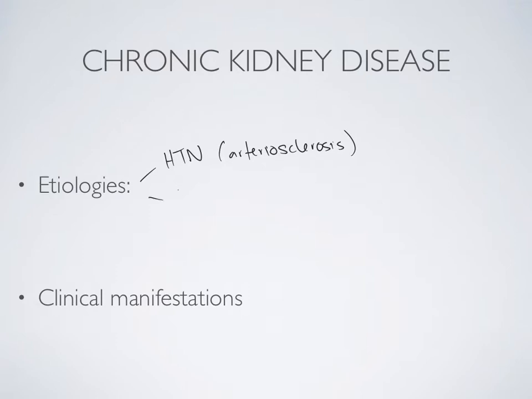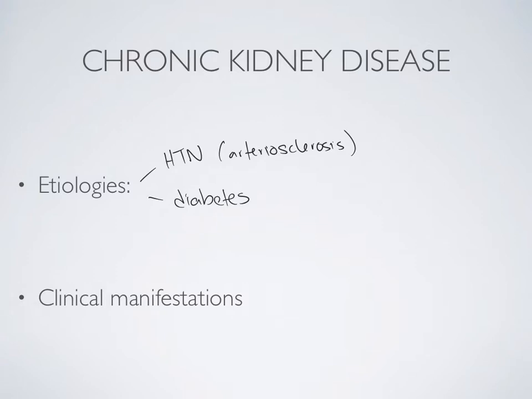Another big one is diabetes. Often, people will have diabetes and hypertension together, as you'll see on Tuesday when we talk about metabolic syndrome. But diabetes itself, just chronic high blood sugar, damages arteries. It also is damaging to the tubule cells, because that blood sugar is filtered out and then reabsorbed.